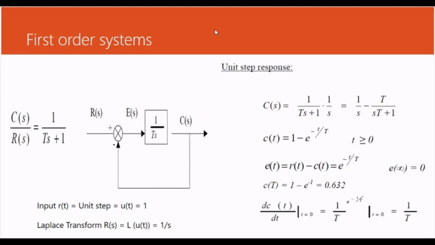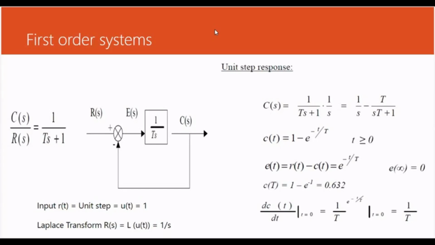So, hindi mo siya pwedeng hindi i-consider. So, therefore, your C of S is equal to 1 over TS plus 1 multiplied to the value of your Laplace transform, which is 1 over S. So that is 1 over S minus T over TS plus 1. Okay, so your C of T is equal to 1 minus E raised to the value negative T over T, wherein your T is greater than or equal to 0.